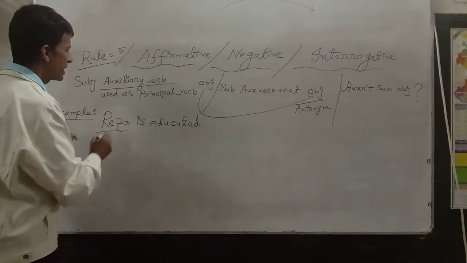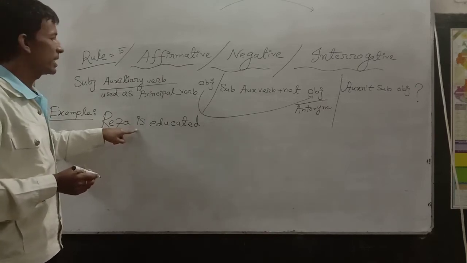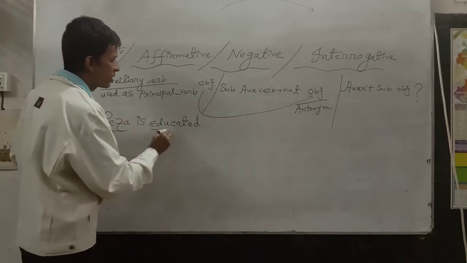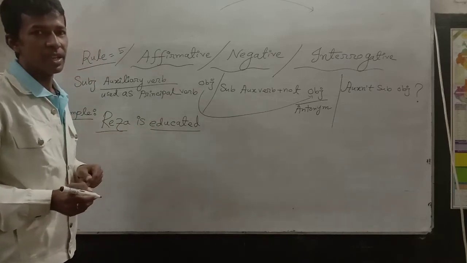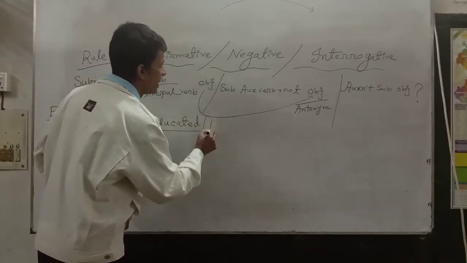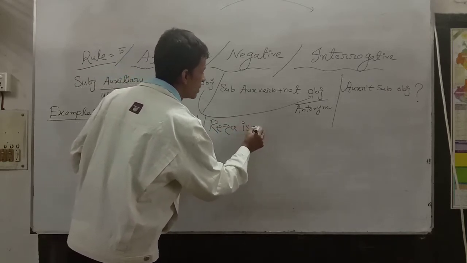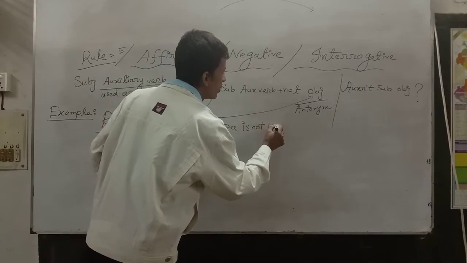Reza is used here as subject, the auxiliary verb is used as principal verb in the absence of a main verb, and at last the objective case is educated. Now I will transfer it into a negative sentence. Then the sentence will be: Reza is not uneducated.